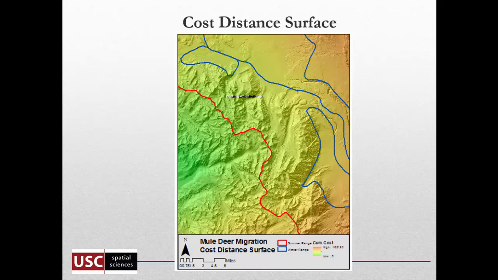And as the deer radiate from this source, the cost increases. The least cost path is derived from the path in which that cumulative cost is the least.